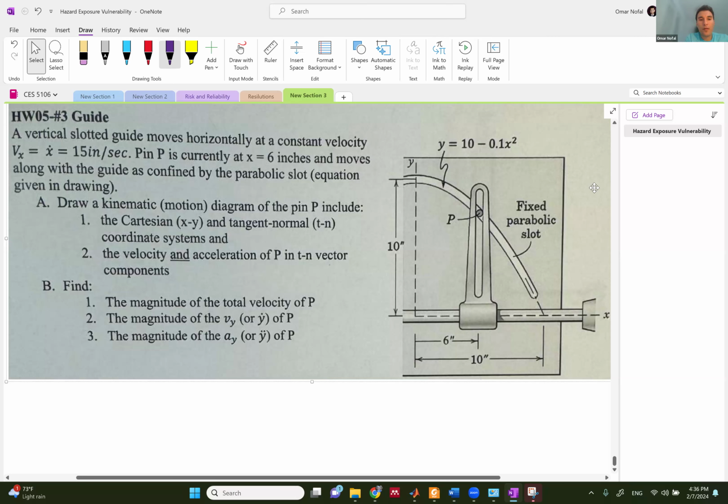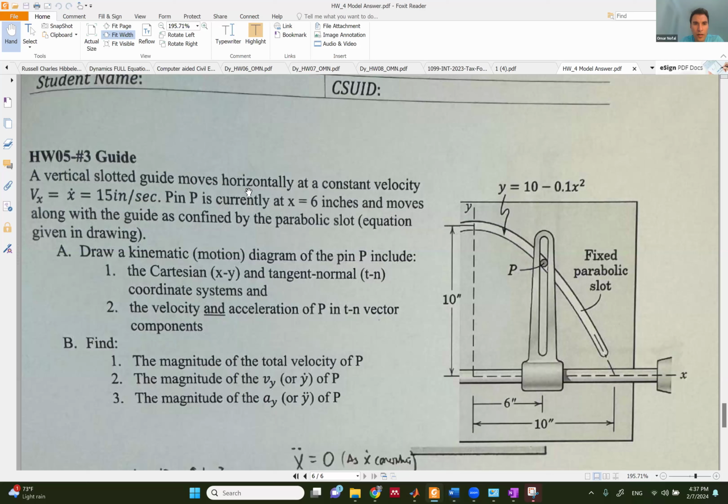So here we have y is equal to 10 minus 0.1 x squared. Check here, it says the vertical slotted guide moves horizontally. So this one moves horizontally at a constant velocity. Vx is constant, x dot is 15.